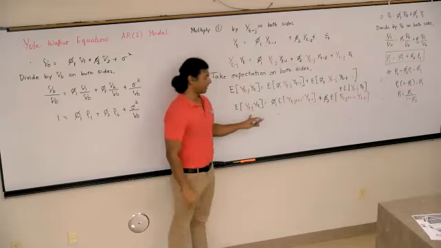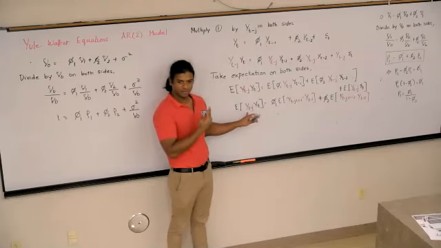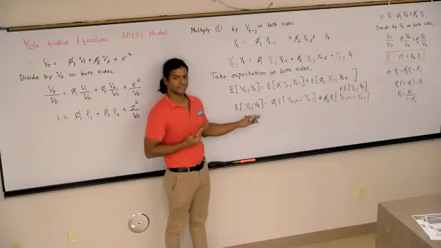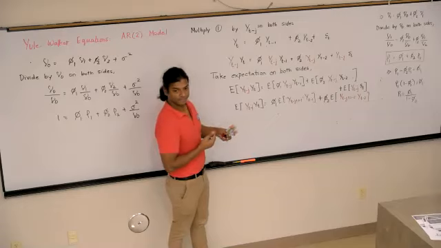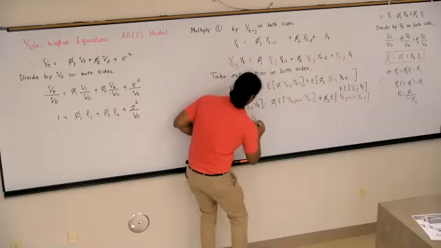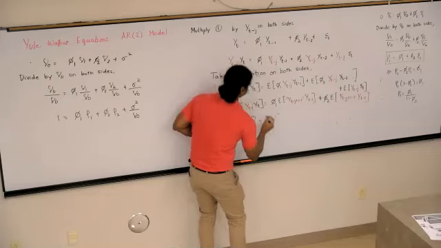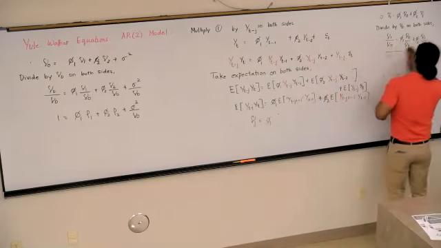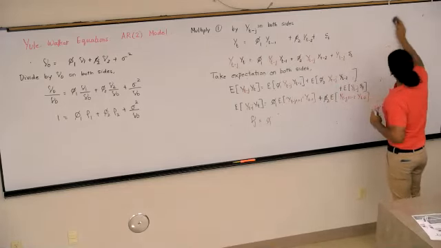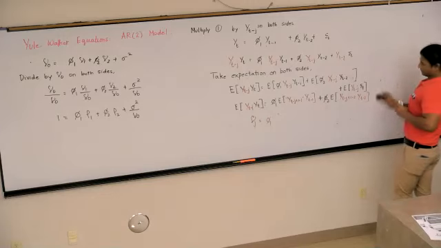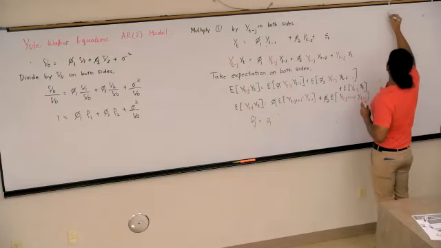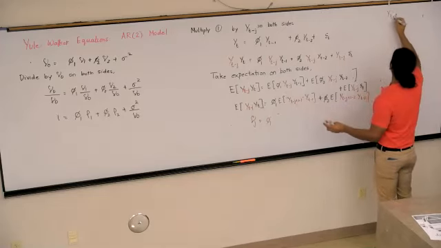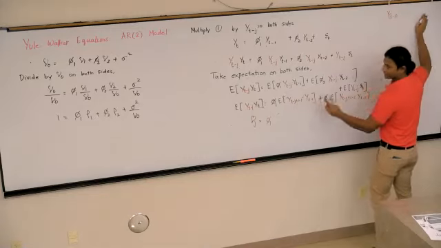The time indices are j time steps apart, so this would become gamma j, right? Over here I have y t minus 1 and minus j plus 1.